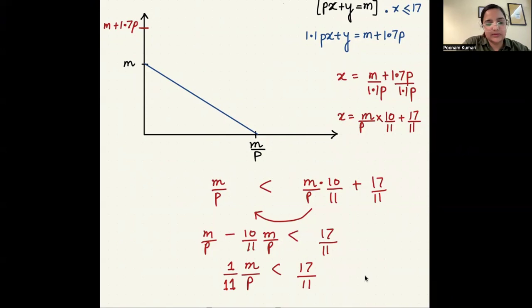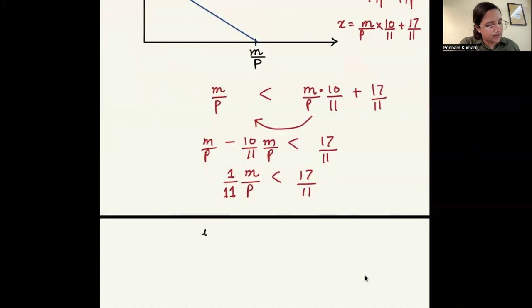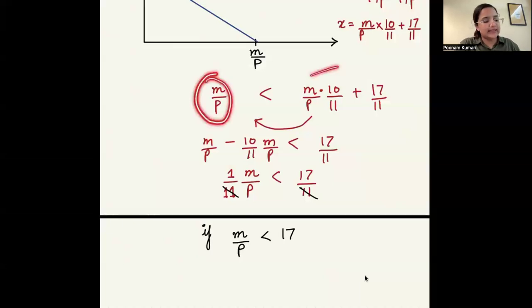So I can cancel 11 by 11. If m by p is less than 17, then you can say this is less than this.